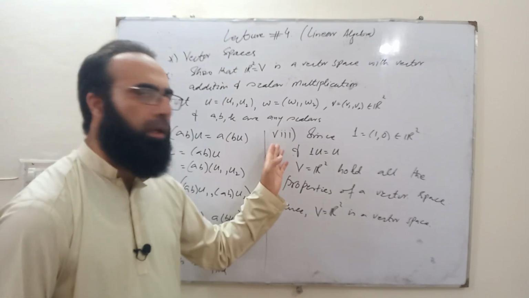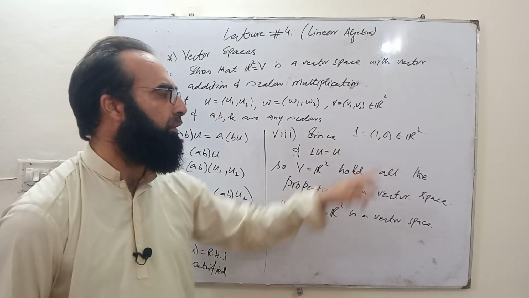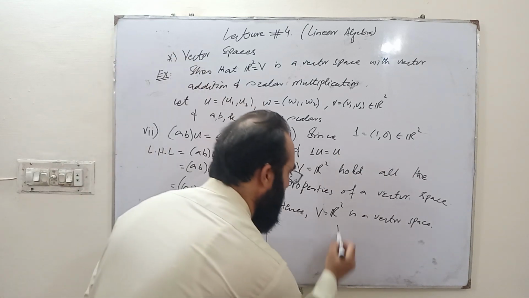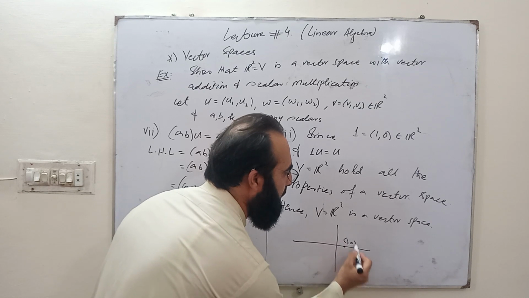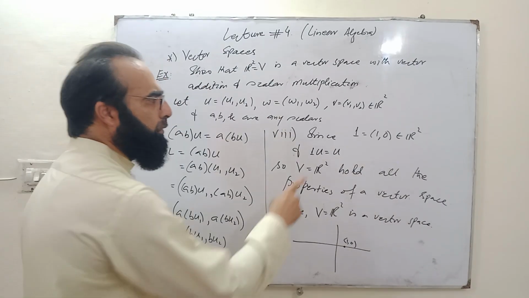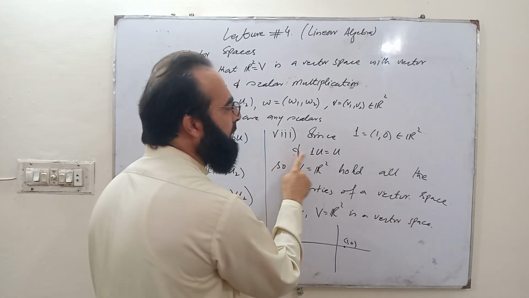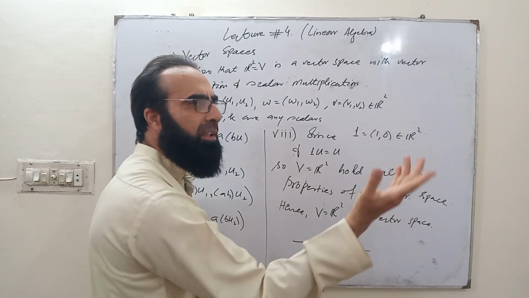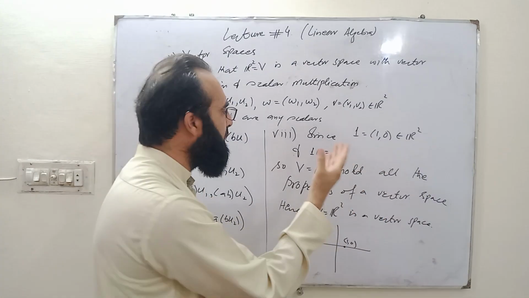Now the eighth property. Since 1 can be written as (1, 0), since actually in the xy plane this point is basically (1, 0), that's why 1 belongs to R squared, and we can write 1 times any vector u, that will give you the same vector u.